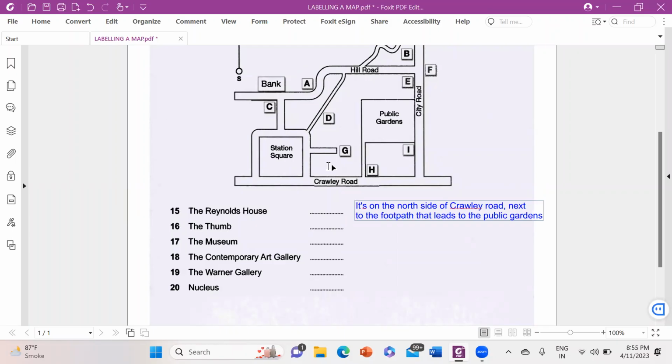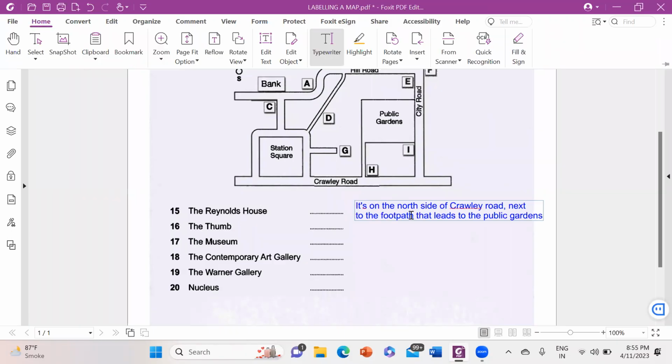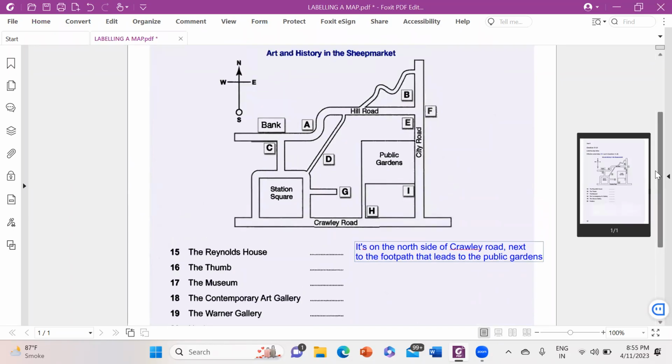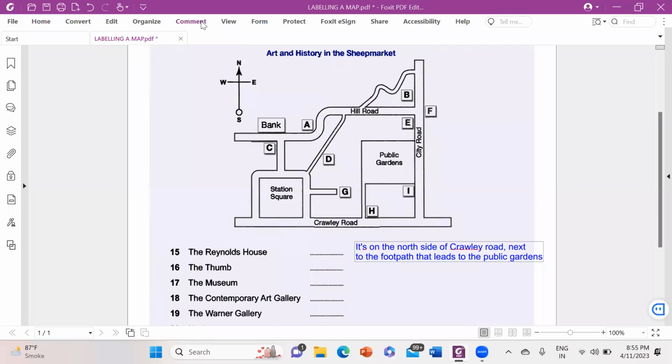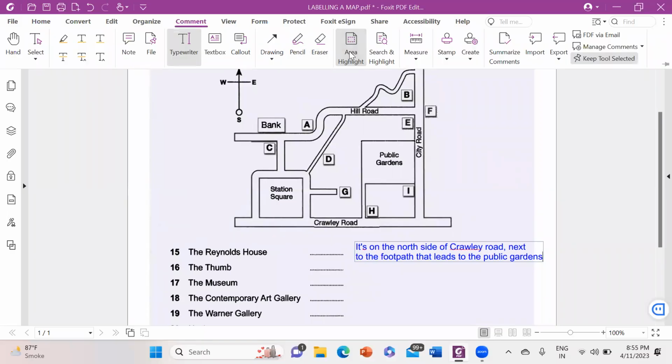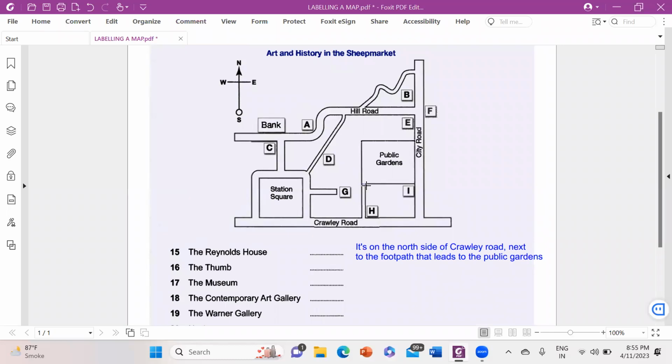So guys, this is what they said to answer question number 15. It is nothing but the Reynolds house, on the north side of Crawley Road. I hope you know where north is, right? Next to the footpath. Do you remember, guys? This is the footpath.